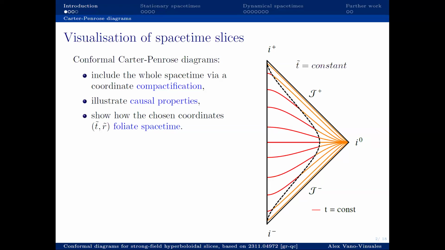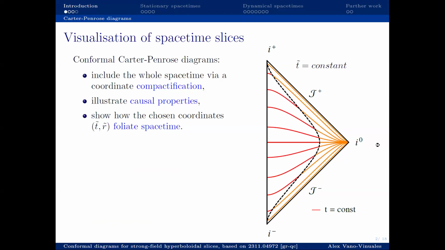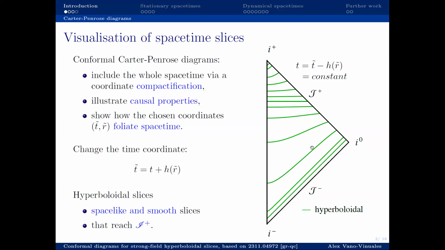But now, as this is a series on hyperboloidal topics, we're going to focus on hyperboloidal slices. One conceptually simple way to obtain hyperboloidal slices from the usual Cauchy slices, which were shown before, is using this height function approach that I will also talk about later in order to construct these slices. As you may have already heard, let me state it once more: hyperboloidal slices are spacelike and smooth, as we can see for this example in Minkowski, but the main interest we have in them is that they reach null infinity.